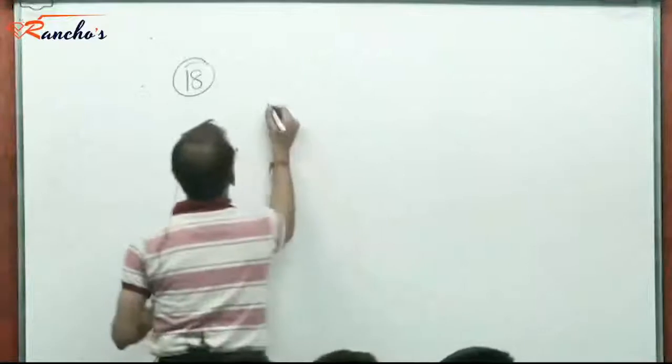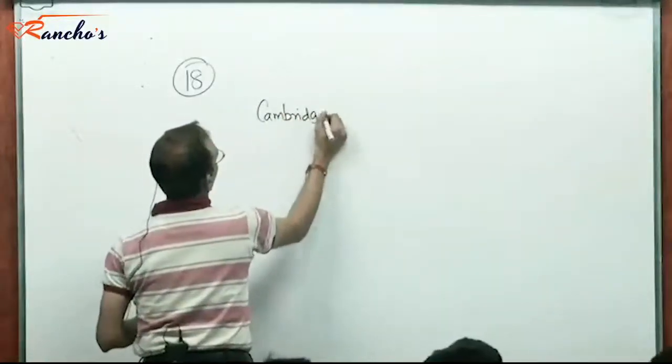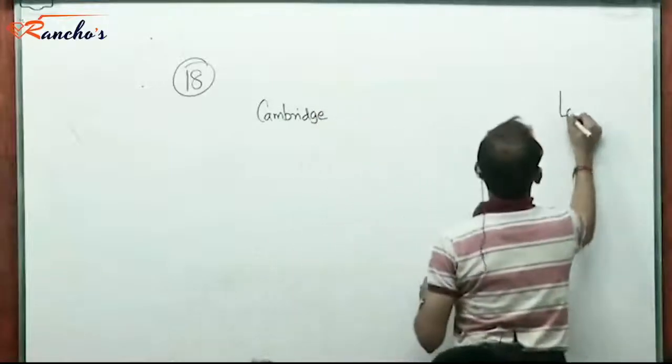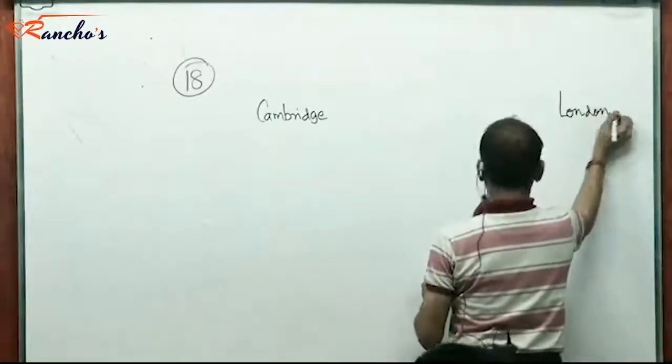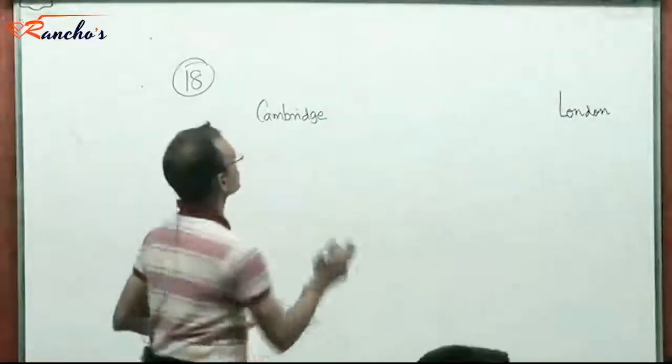A train going from Cambridge to London stops at 9 intermediate stations.